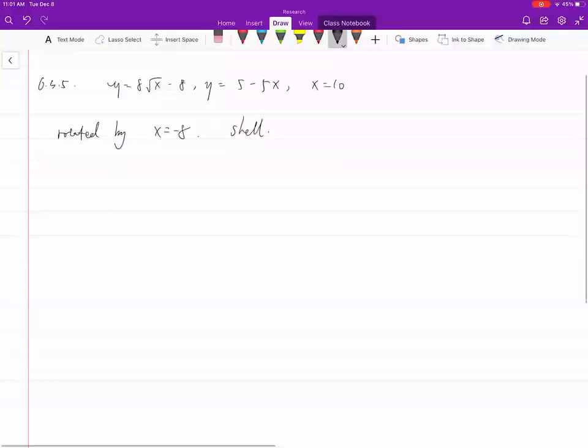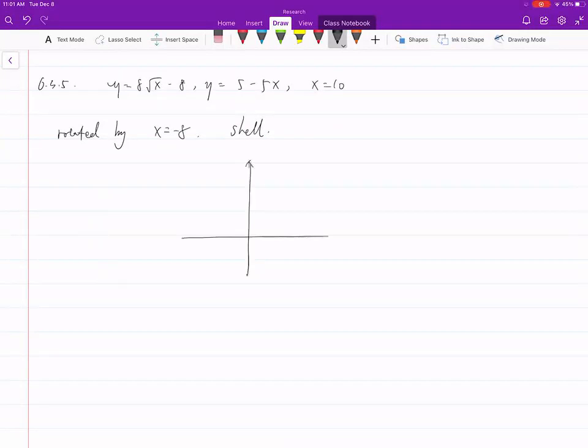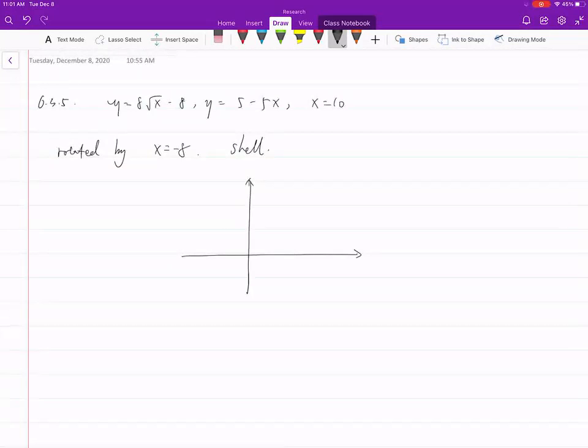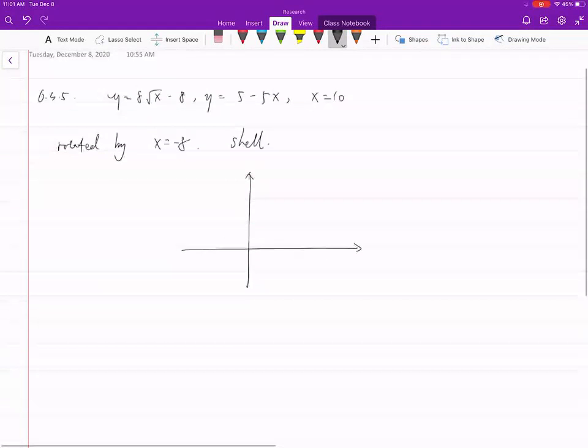All right, so let's draw it. Eight minus 8. I plug in 1, I should get 0. So something like this.